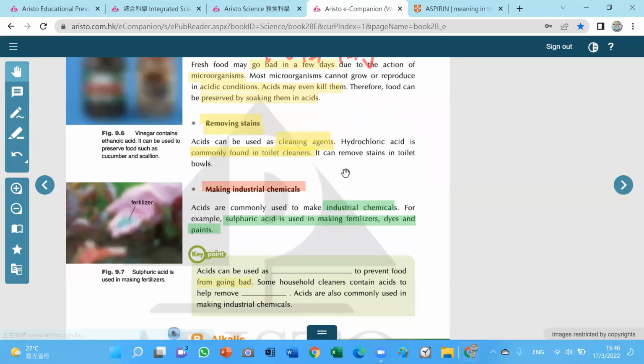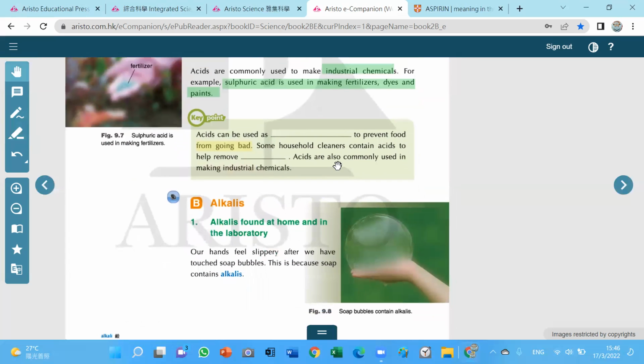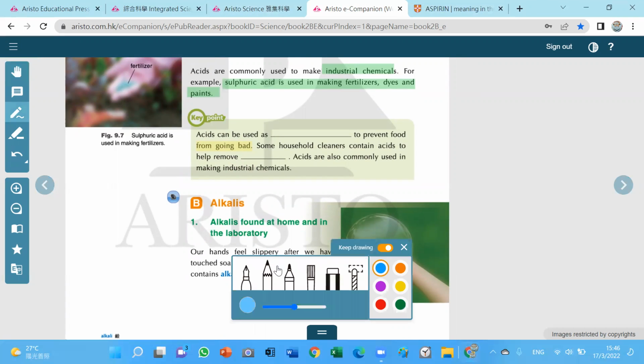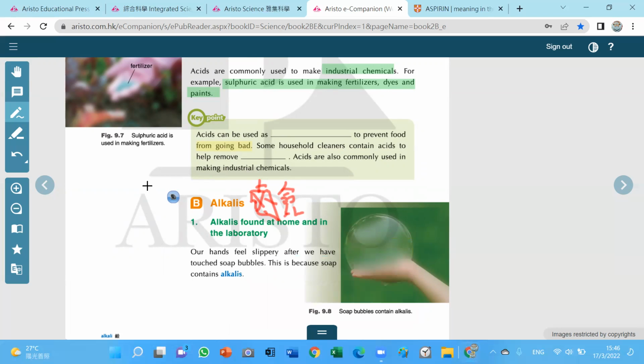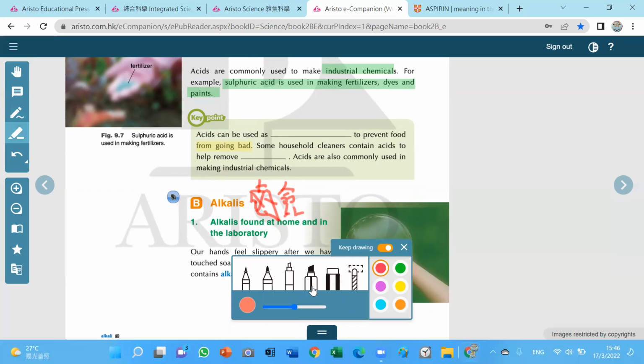So part B, alkalis. Alkalis are found at our home or in the laboratory.